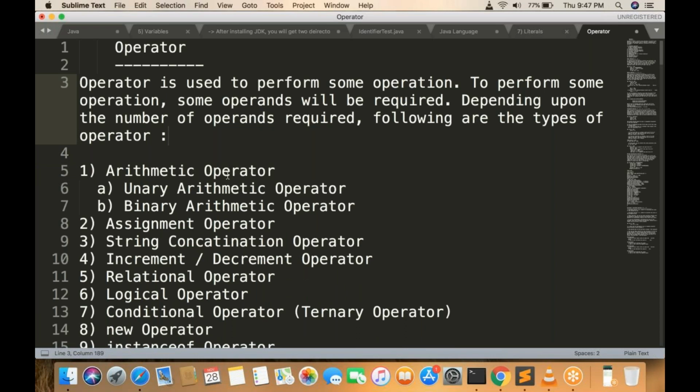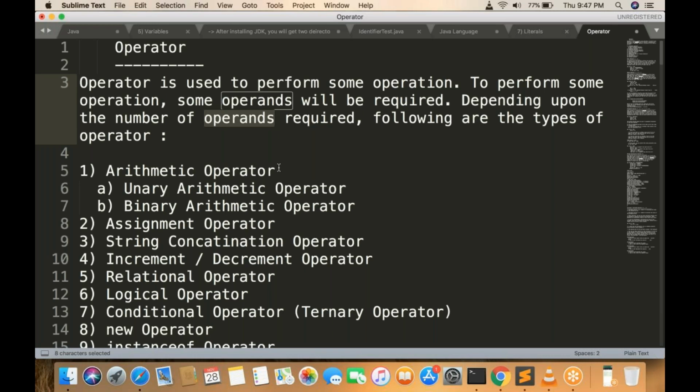Depending on the number of operands, now you are clear, right? The operator can be an arithmetic operator, an assignment operator, or a string concatenation operator. We'll see that. Operators are applied on operands. If you want to write some expression, both operands and operators would be required.